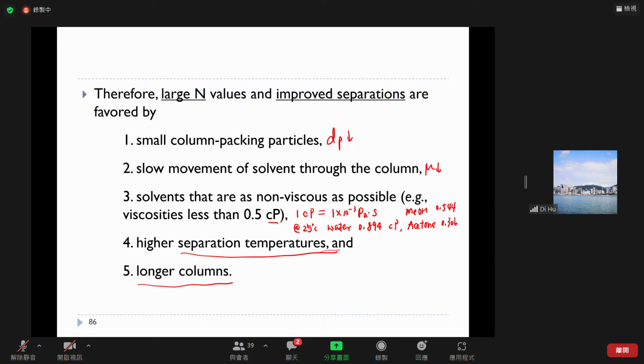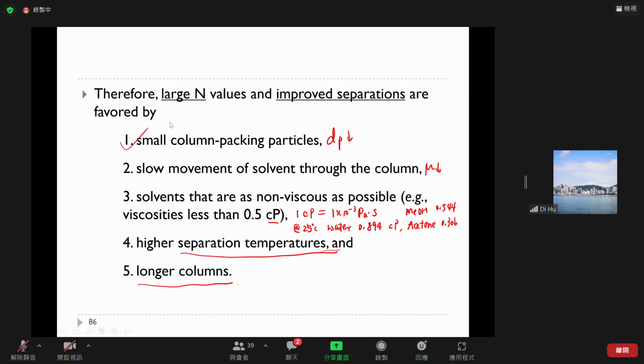We also have to think about the increased back pressure. So theoretically we can improve the N number in these 5 ways, but they have their own limitations, right? The smaller dp is the most effective one.